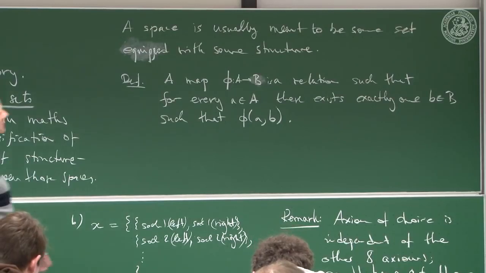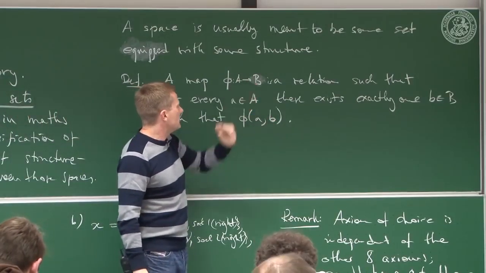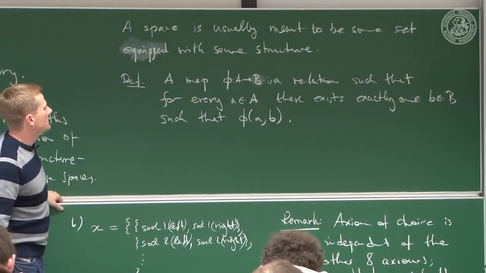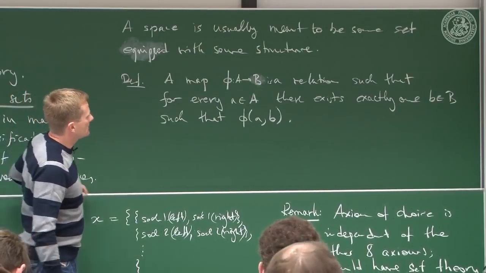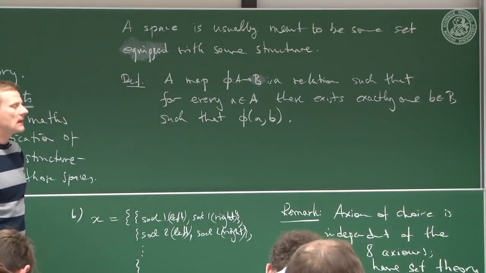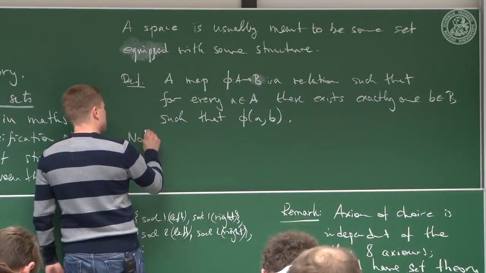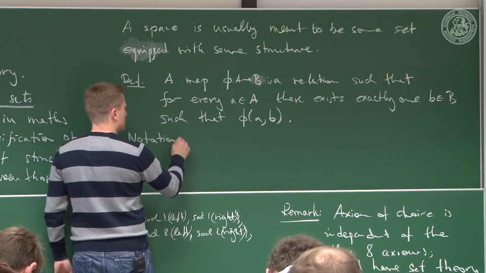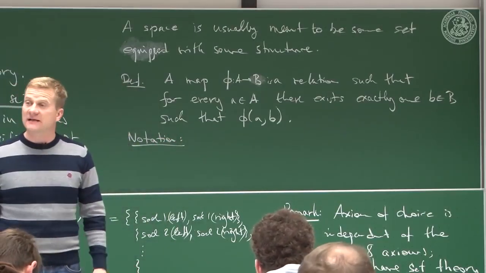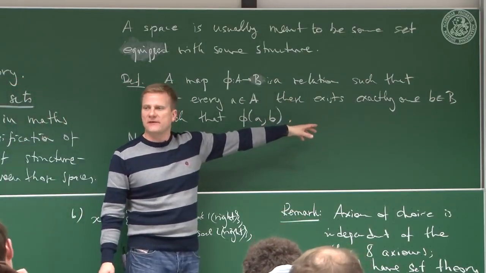You remember, a relation of two variables can be true or false, and if A and B are sets, then a map from A to B is such a special relation such that it exists for every a exactly one b in B. Now, our standard notation for this somehow hides the fact that phi is a relation, that it eats two variables and produces a truth value.